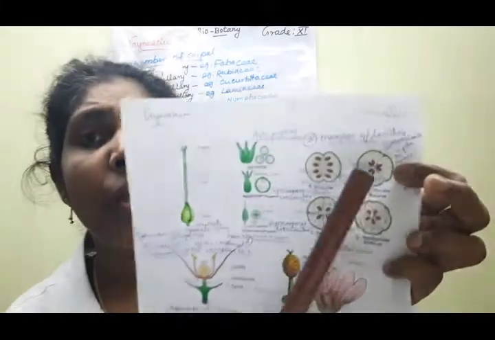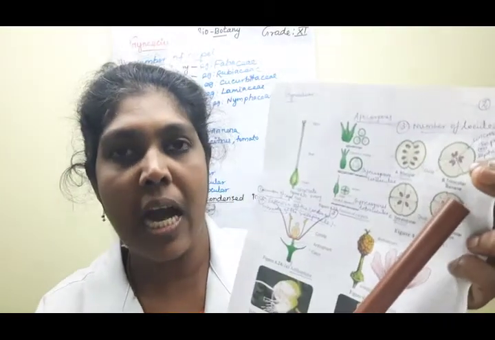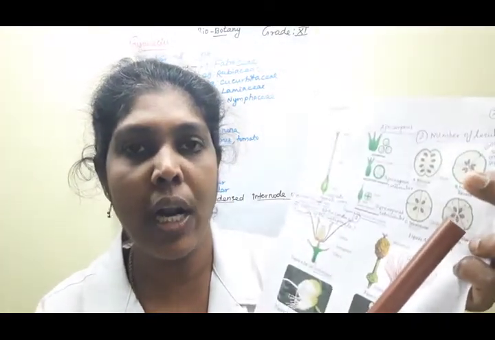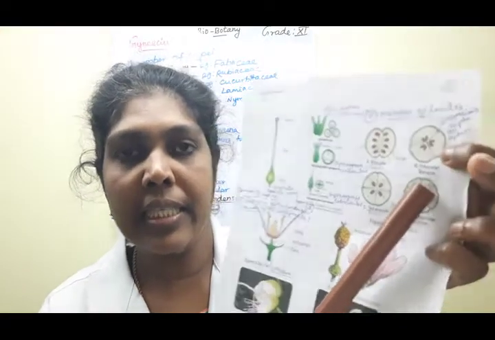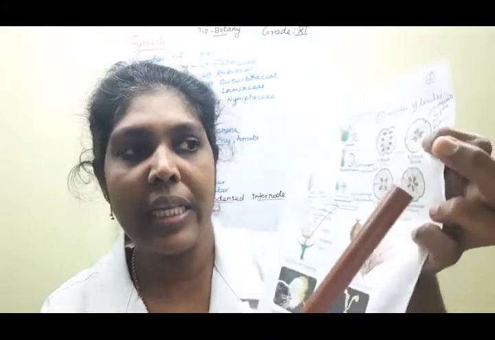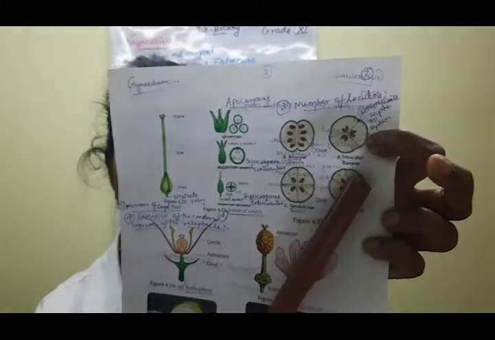So many empty spaces are present inside the ovary. Those empty spaces are known as locules. Clear, children? So the partition or the separation by the cross wall of the ovary wall, and this area, the empty region, is known as locule.